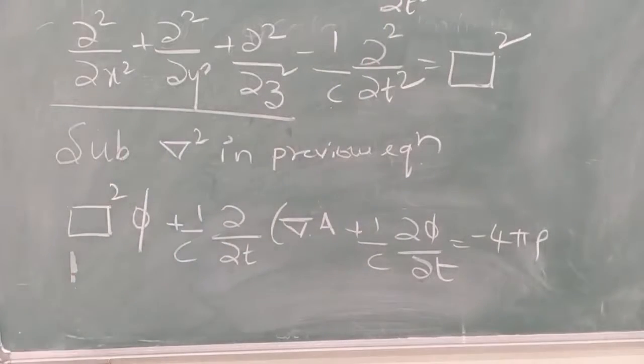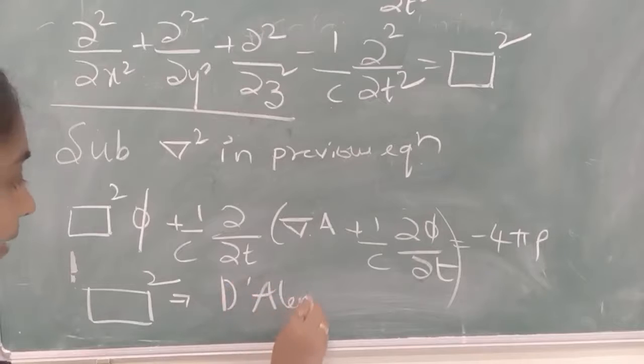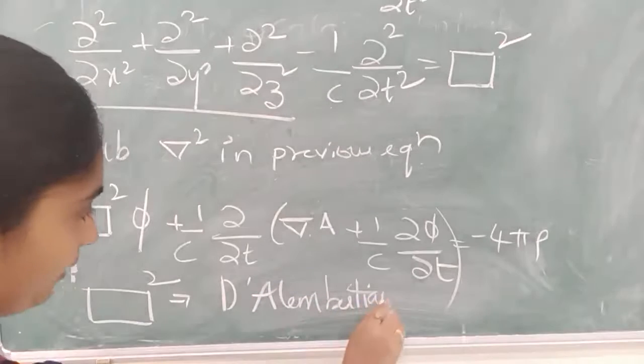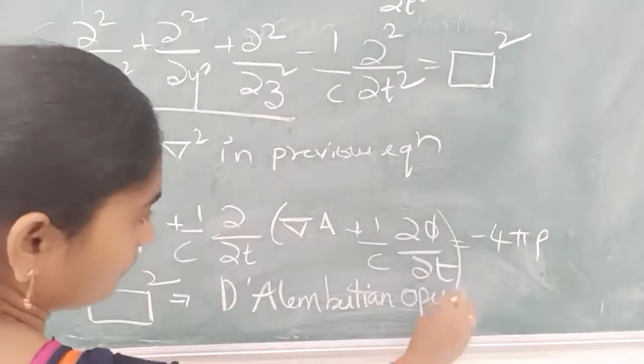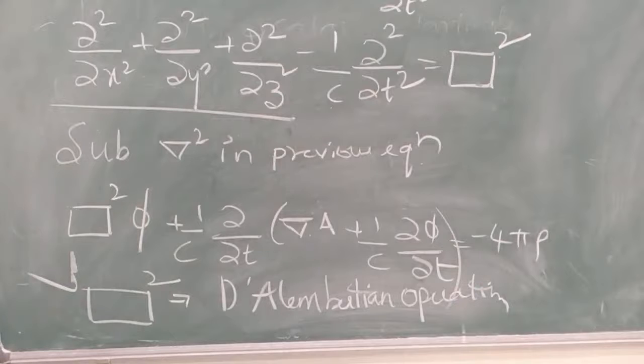We have reduced this equation to this form, where rectangle square is called the D'Alembert operator. Here this operator is consisting of what terms?